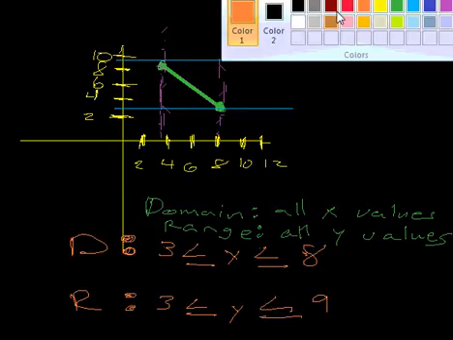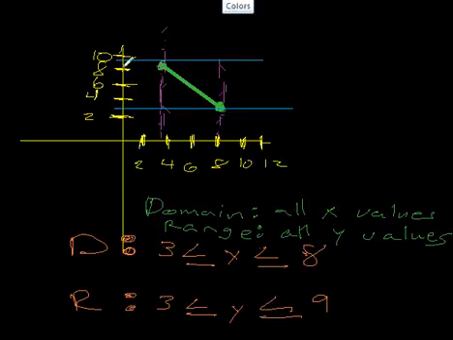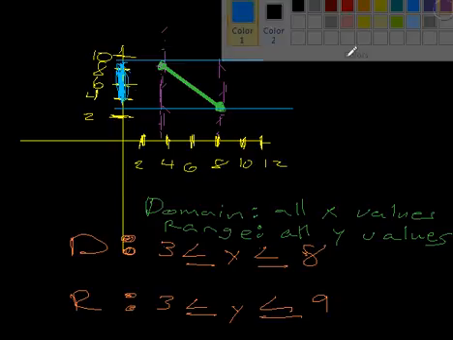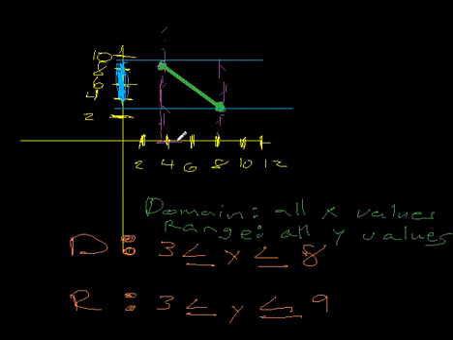So I'm going to do one more thing. My range along the y values is going to be all of these points right here between 3 and 9. Grabbing my purple, my domain, all the x values are going to be between 3 and 8. Okay, so that's how you find the domain and range and write about it.